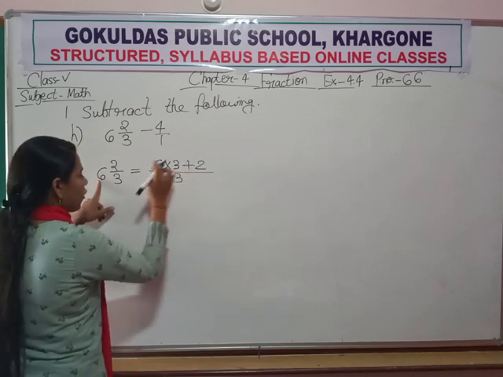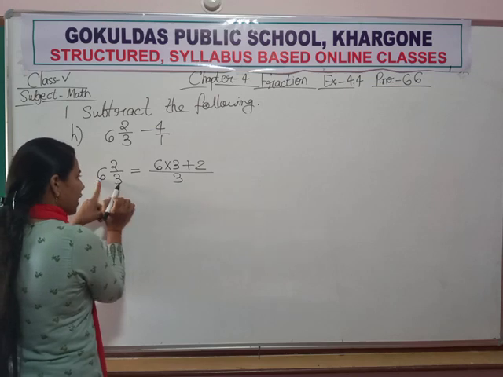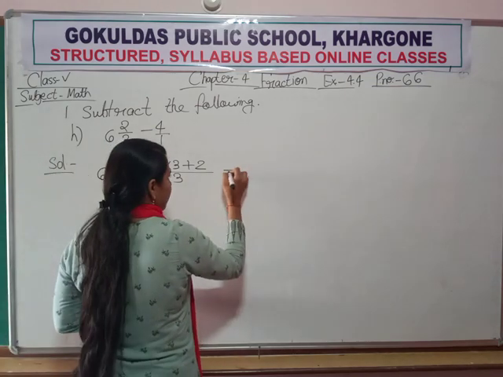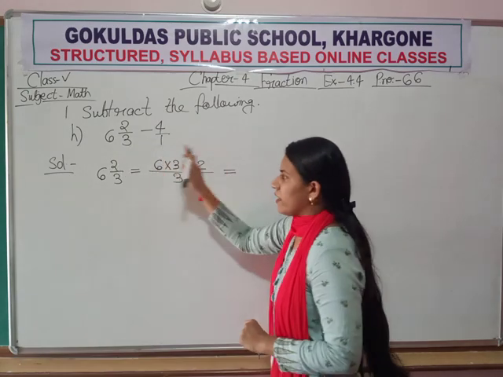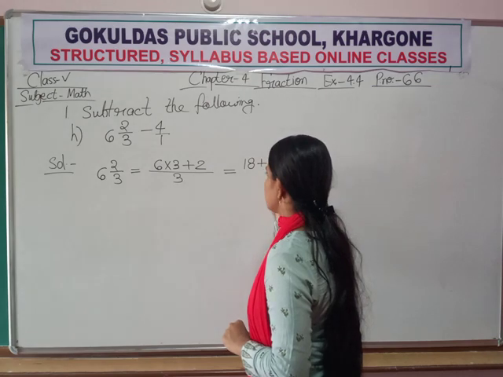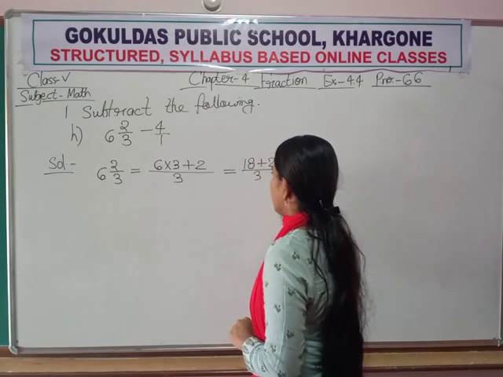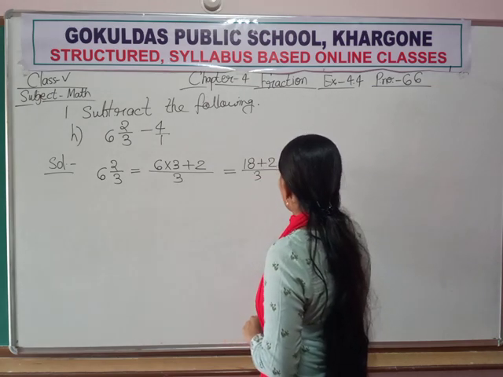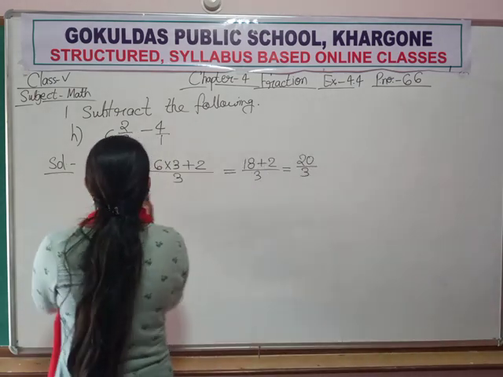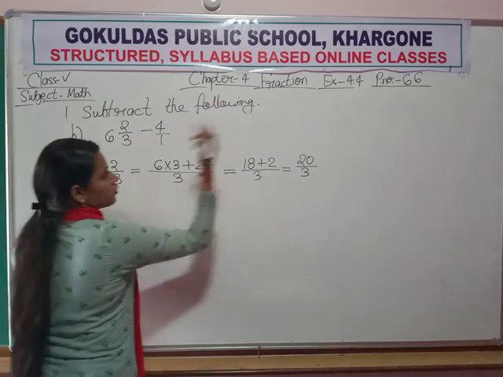Means in the numerator we write the whole number multiplied by the denominator plus the numerator. Now solve this numerator part. 6 into 3 means 18, plus 2 upon 3. 18 plus 2 is 20 upon 3. So we have converted this mixed fraction into an improper fraction.